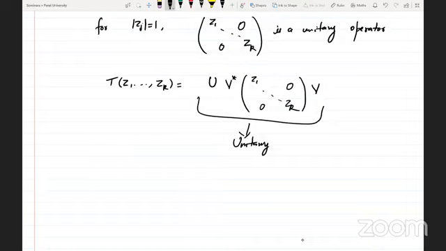And as soon as you have a unitary matrix, if to start with T was a unitary matrix, then that was a very simple case, because as soon as T is a unitary matrix, you can diagonalize it using a unitary.